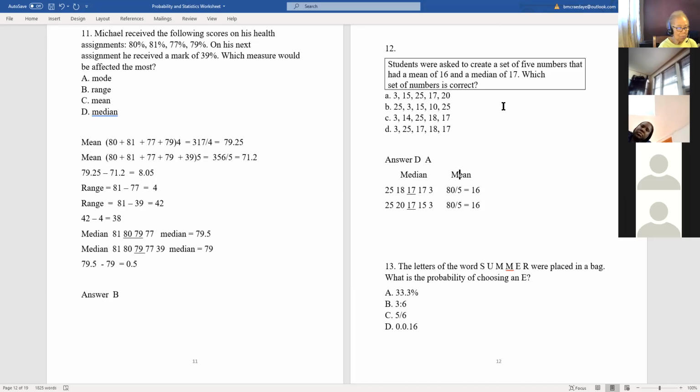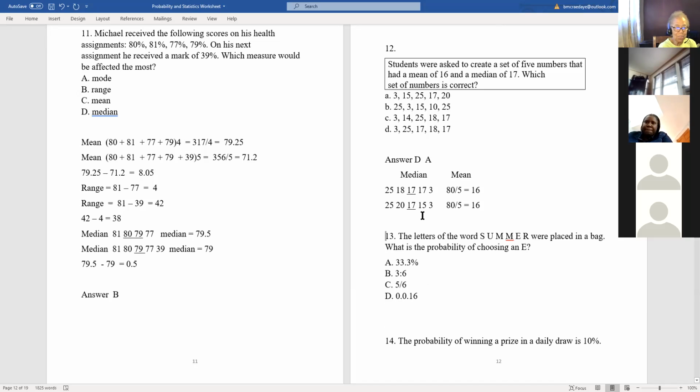Question number 12. So number 12 was A and D. What's the probability of getting the E in the word summer? Possible over total. How many E's are in the word summer? 1. Okay, what's the total number of letters? 6. So what's the probability? 1 over 6. So what's the answer?